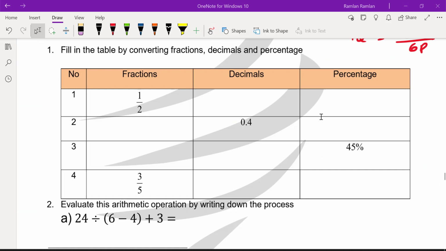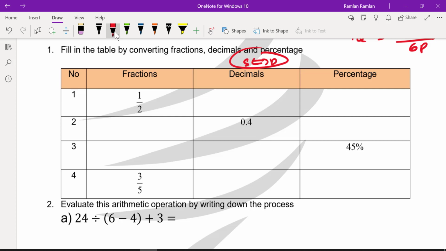For converting fractions, decimals and percentages, I don't really need to tell you how to do it because you already did this in primary school. Since we're going to use the calculator, just use the calculator. To convert from fraction to decimal, write down the fraction in the calculator, press equal, and then press the S-D button.